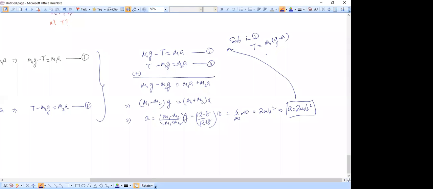M1 was 12 kg, so that becomes 12 into (10 minus 2), which is 96 newtons. That becomes your tension. So this is the complete method of solving this.